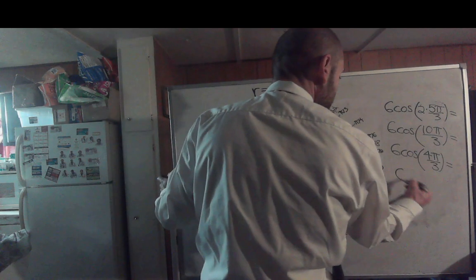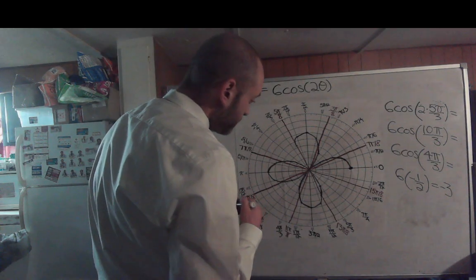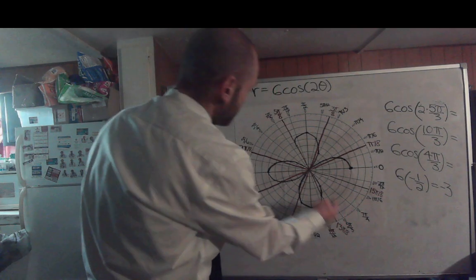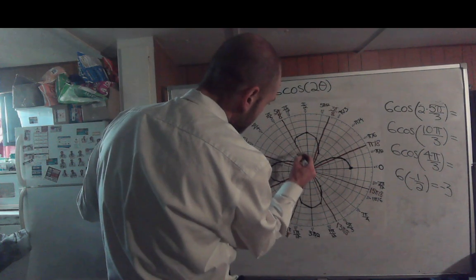Well, that would give me 6 times negative 1/2, which would be negative 3. So if we go negative on the 5 pi over 3, we'll end up on 2 pi over 3. So 1, 2, 3, that's right there.